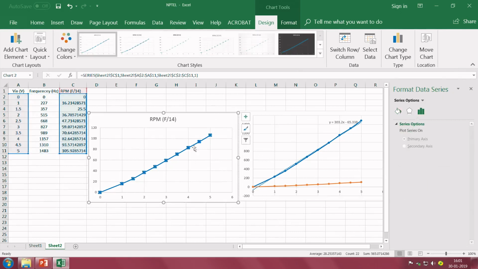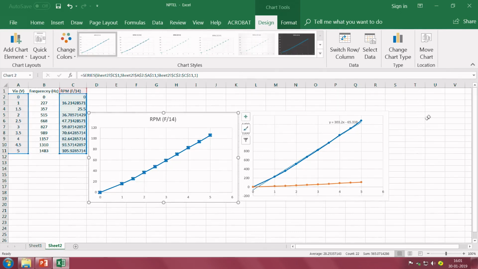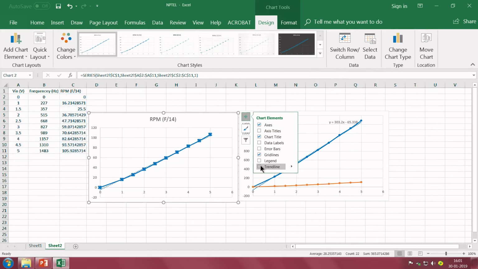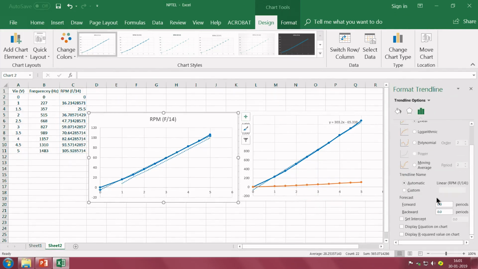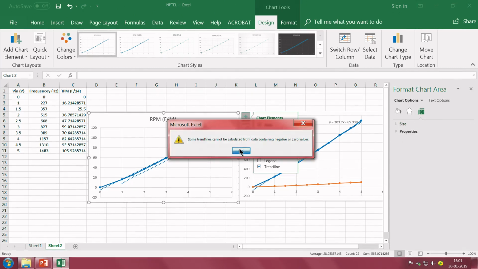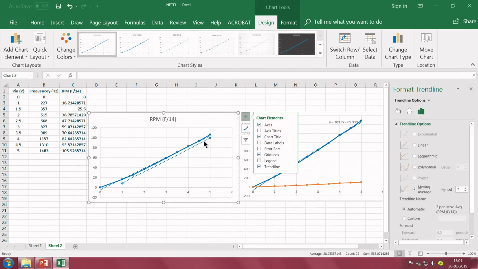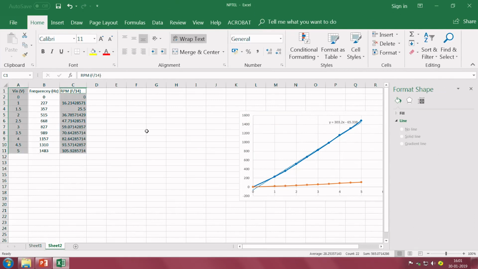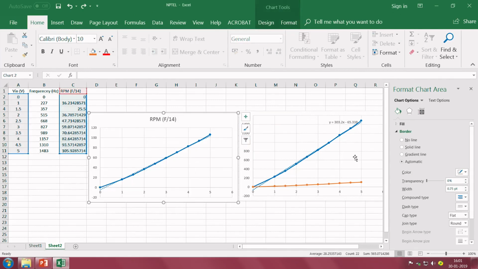Both curves look similar, of course it should look similar. Now I will add a trend line to this, I will go to more options, then make. Okay.